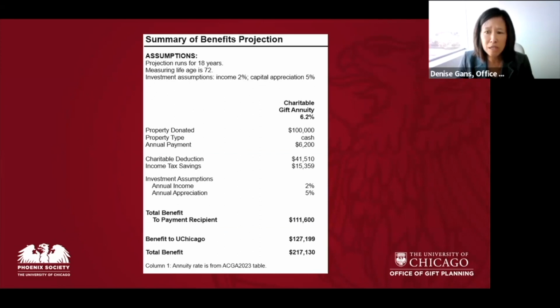So you can see that the total combined benefit of this gift annuity, both in its payments back to the donor and that ultimate gift to the university, is double what the donor originally contributed.